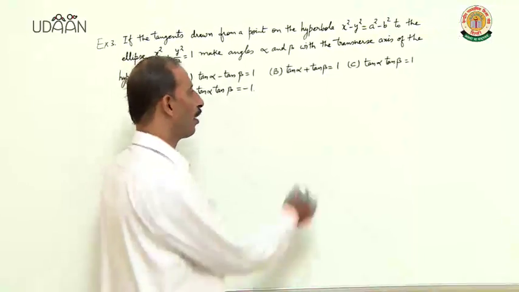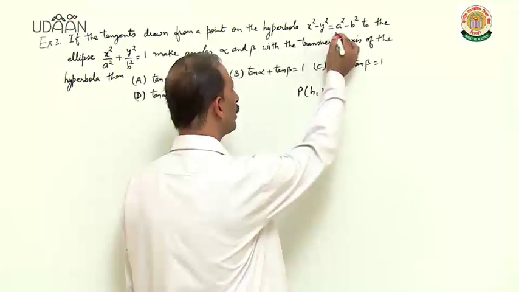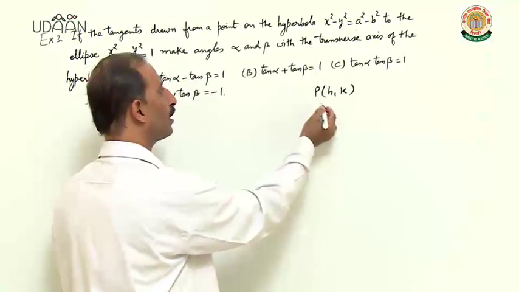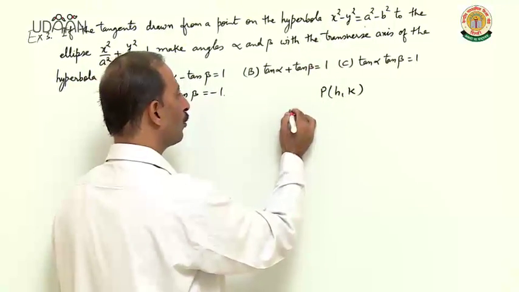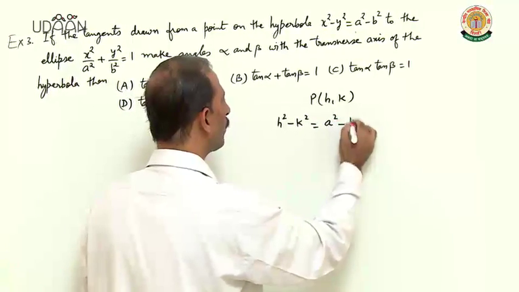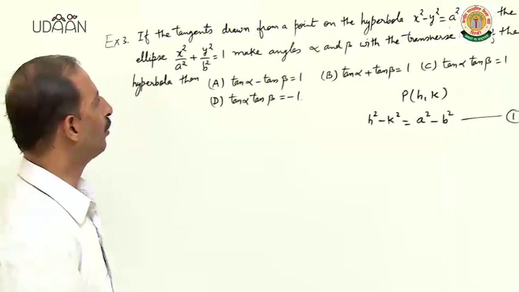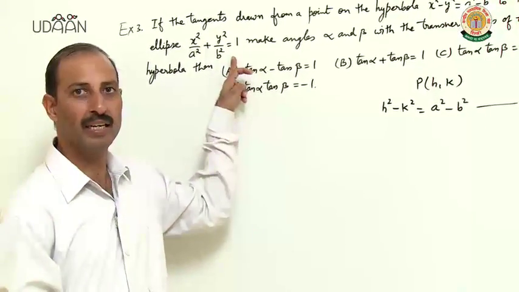Let us suppose the point be h comma k given on this hyperbola. So this will satisfy the equation of the hyperbola. So we can say h square minus k square is equal to a square minus b square. First equation you can say. Now we have drawn the tangent on this ellipse.